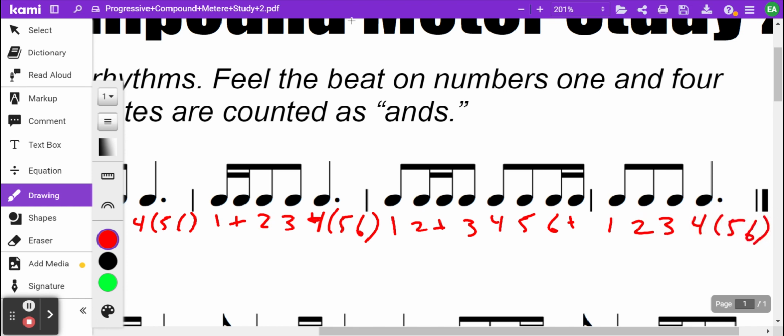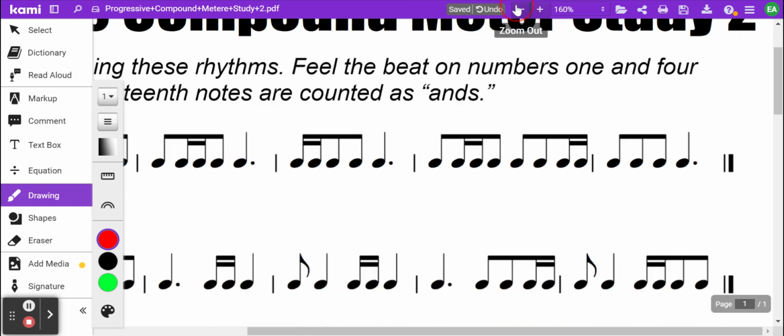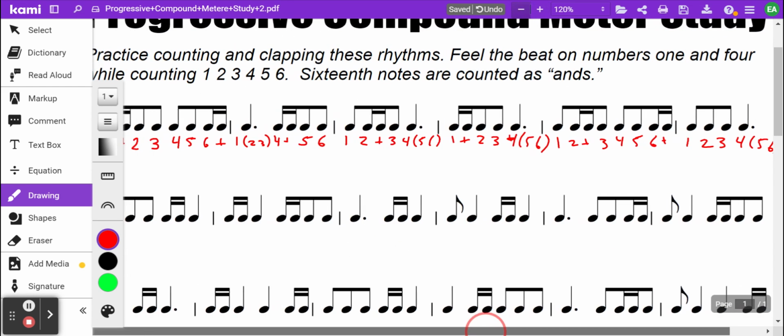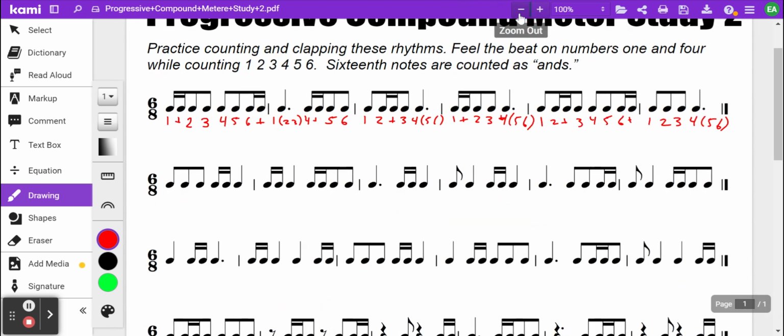All right, let's zoom out here. And I'm going to go through and say this rhythm so you can hear what it would sound like. You can do this at home with me.